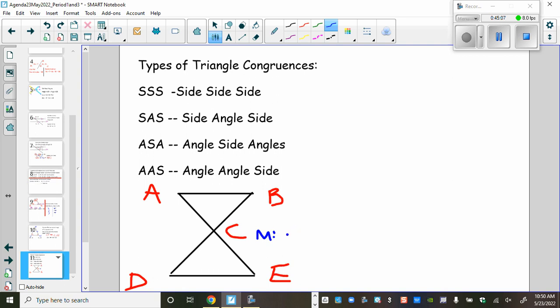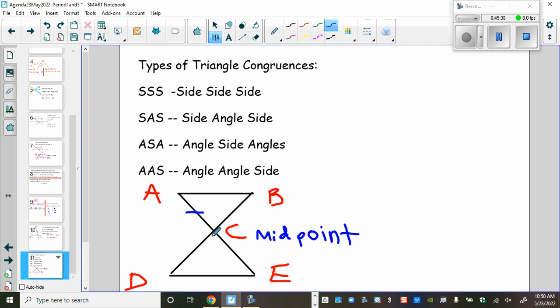And now we talked about midpoints. If C's a midpoint, what do we know about this distance from A to C and C to E?